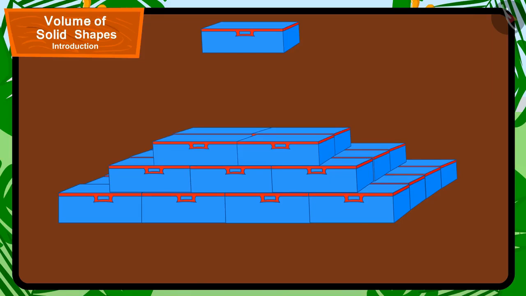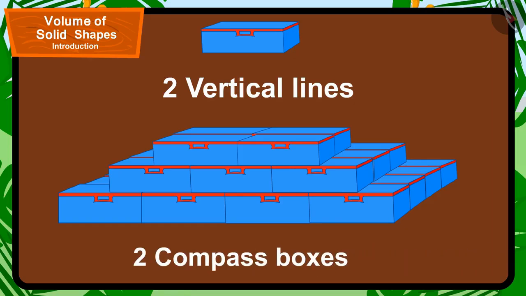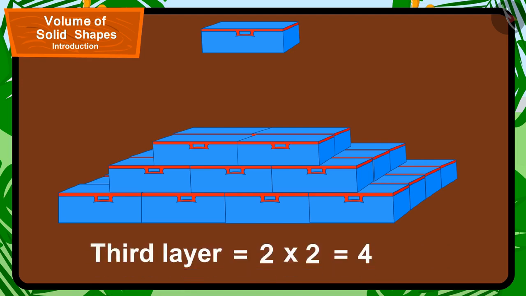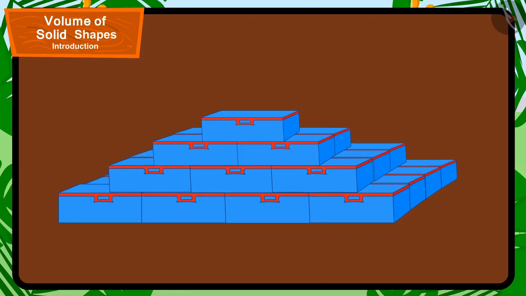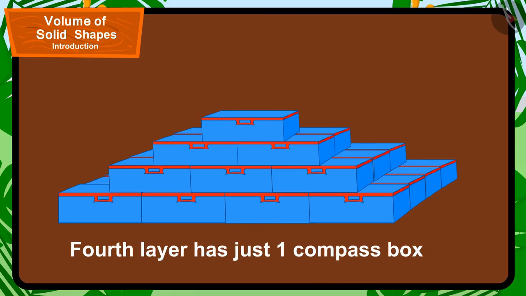The third layer has 2 vertical lines and each line has 2 compass boxes. This means 2 times 2, that is 4 compass boxes in the third layer. And finally, the fourth layer has just 1 compass box.